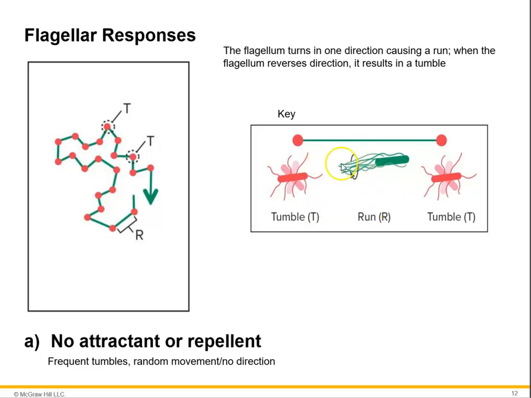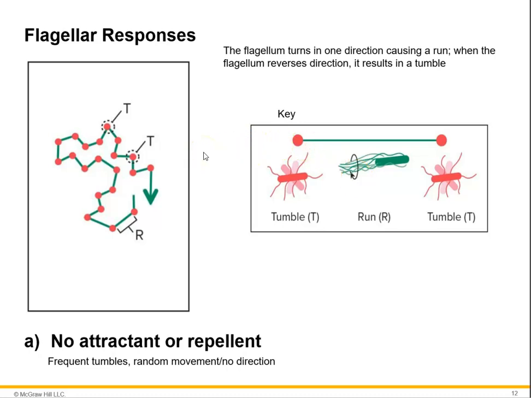Okay, so over here you can see a tumble, a run, and a tumble. And this is how it's represented on the diagram over here. A tumble is a red dot, a run is a green line, and then another red dot here for this tumble. And what happens is the flagella are going to turn in one direction, causing a run.